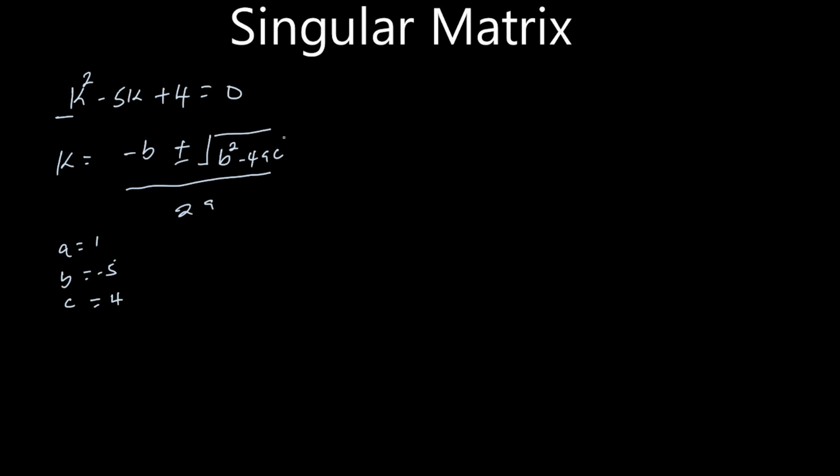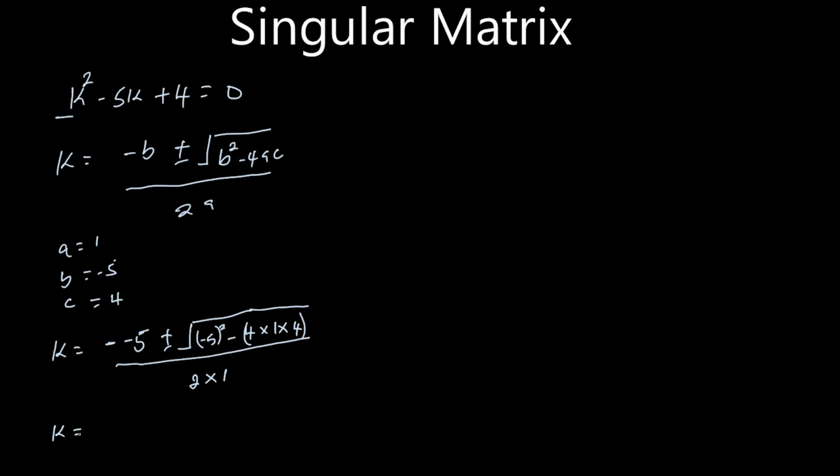So replacing there on our formula, we have k equal to minus, and our b is minus 5, so it is minus minus 5, then plus or minus the root of b squared, which is minus 5 bracket squared, then minus 4 times a, which is 1, times c, which is 4, close the brackets, then divide everything by 2a, which is 2 times 1.